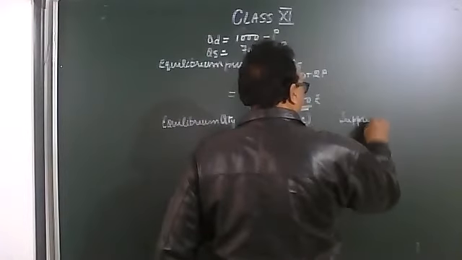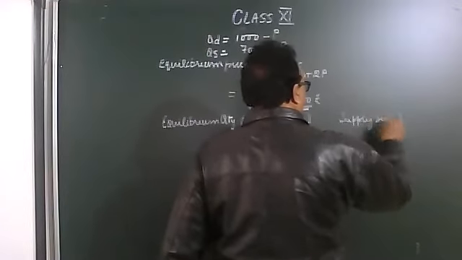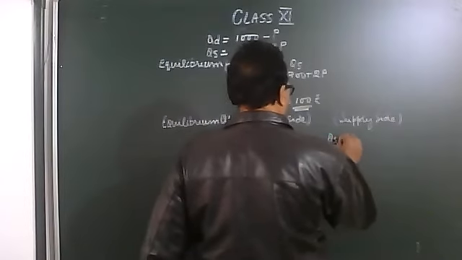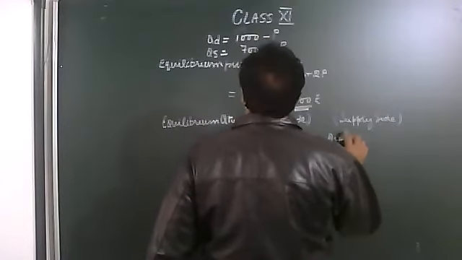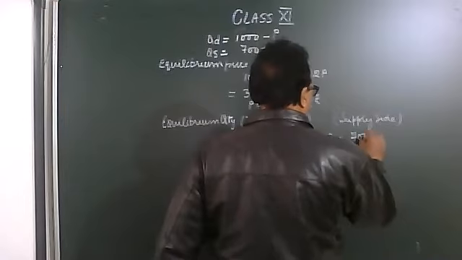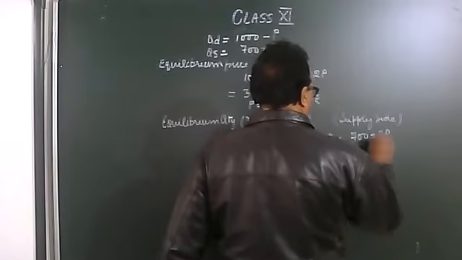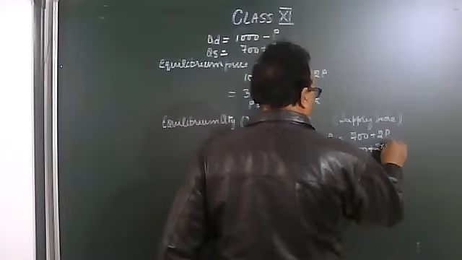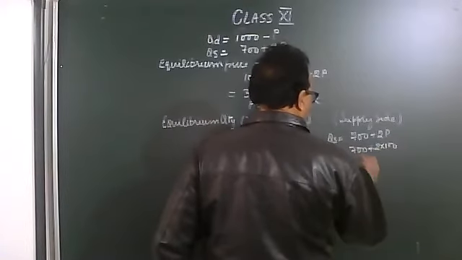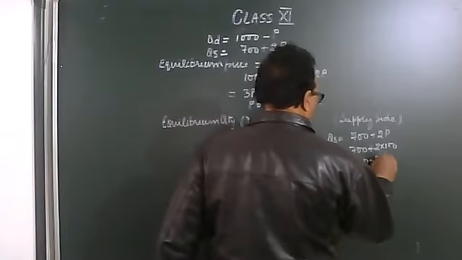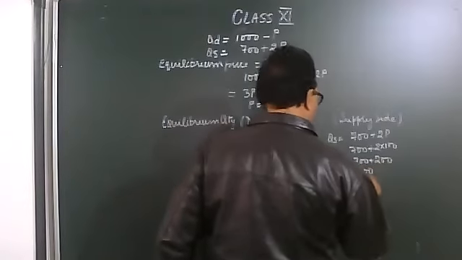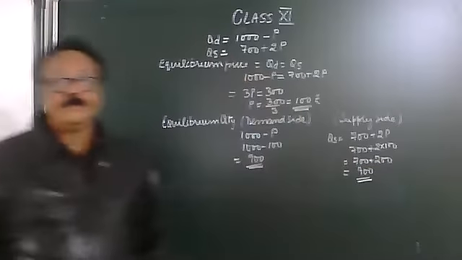From the supply side, we get QS is equal to 700 plus 2P. 700 plus 2 into 100, that is equal to 700 plus 200, that is equal to 900 units.